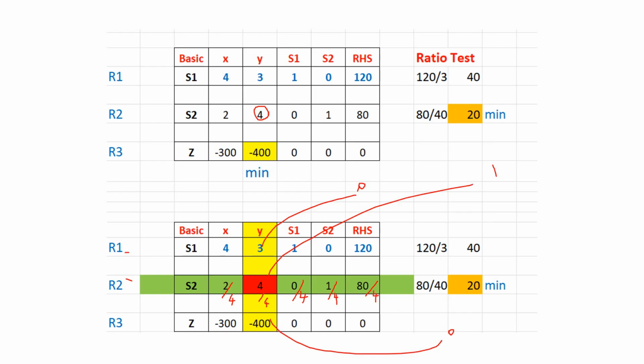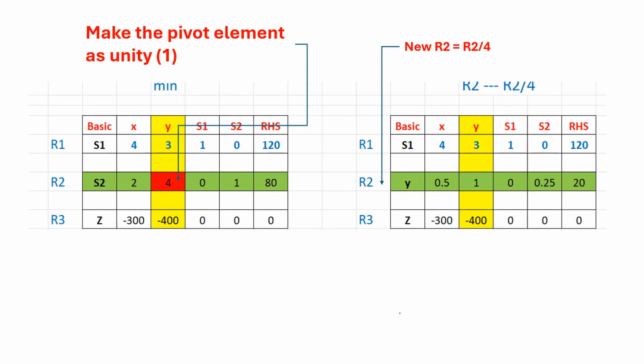You understand? Now here, whatever I told you, we are executing. So new R2 equal to R2 divided by 4. So you are going to divide this by 4, divide this by 4, divide this, and divide this. So here you can see the values 0.5, 1, 0, 0.25 and 20. Now we are done with this.